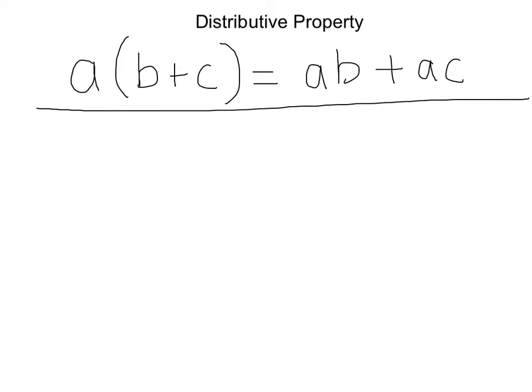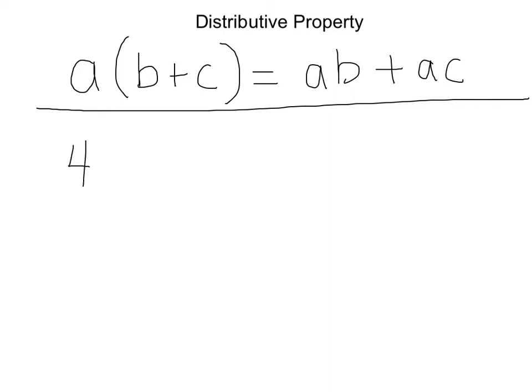I do just want to remind you that the importance of this is when we have variables. When this is all numeric, you can use distributive property, but it's really not necessary if you know all the numbers. Where it really helps us is when there's a variable and we don't know all the numbers.